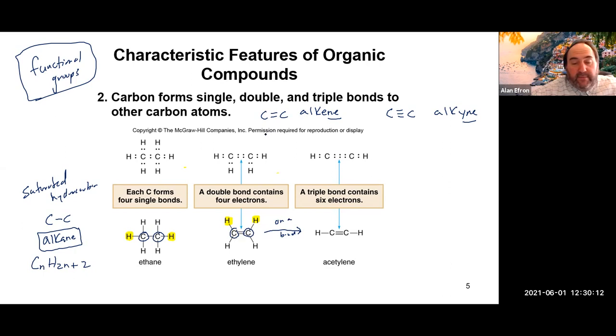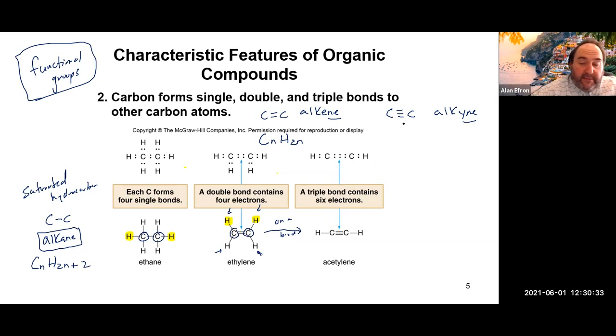When we put on that double bond, as we talked about for an alkene, we lose 2 hydrogens, so it has a general formula of CnH2n. Looking down here, 2 for our carbons, 2 times 2 is 4 for our hydrogens, and again, that's why this one here has 4 hydrogens.